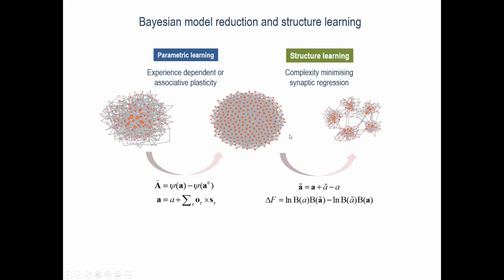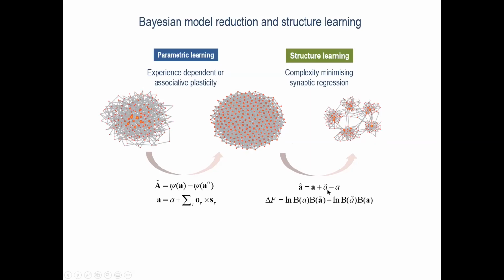And then the structure learning goes through and says, well, look, what would happen if I set the probability mass over this particular association to 0? Would I get a simpler explanation and therefore increase my model evidence or optimize my free energy? So the change in free energy is actually a very, very simple function, based upon beta functions here, of the difference with and without setting that particular Dirichlet parameter, that underlying connection strength, if you like, to 0.